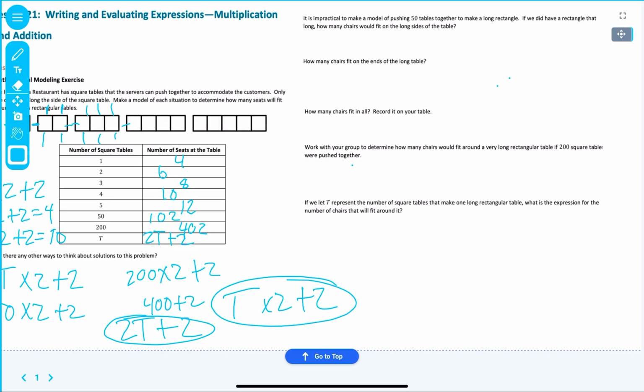Well, we know that for 50 tables we would set 50 on each side of it, and there are two long sides, so that would be 100 seats.